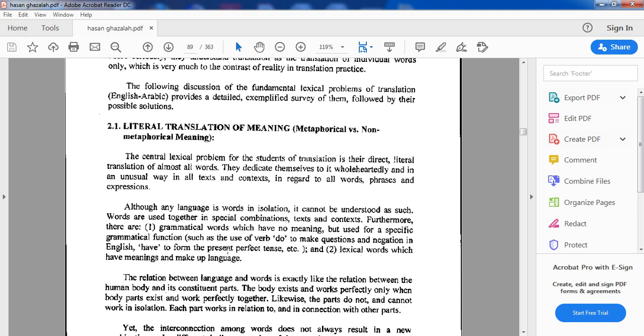Without those items, we cannot make any meaningful sentence. So among those words, there is a relation, and we have to identify that relation before assigning meaning to them.